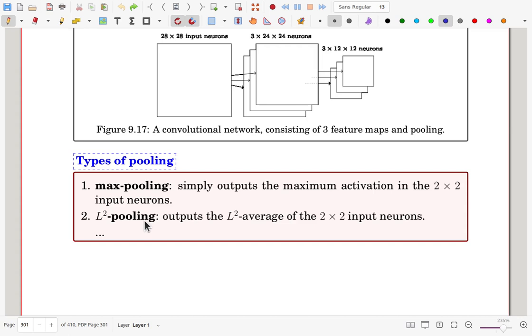So it is average pooling, and the other is maximum pooling. But you can also choose the size. Rather than 2 by 2, you can use 3 by 3. Then the output will be shrunk 3 times, so 3 times 8 by 8. Right? In this way, you can simplify the information.